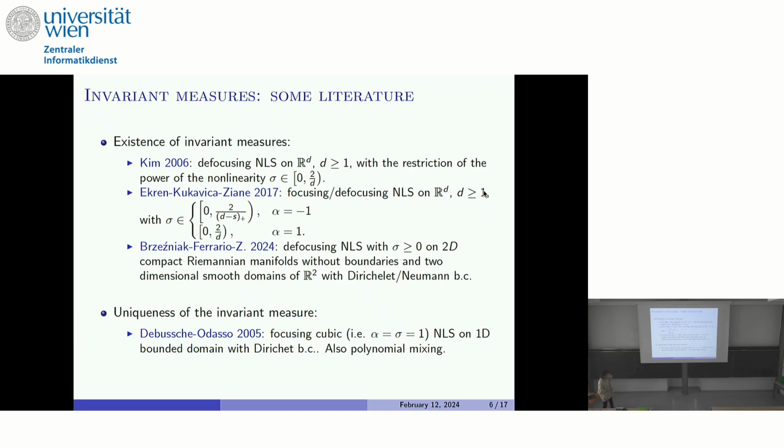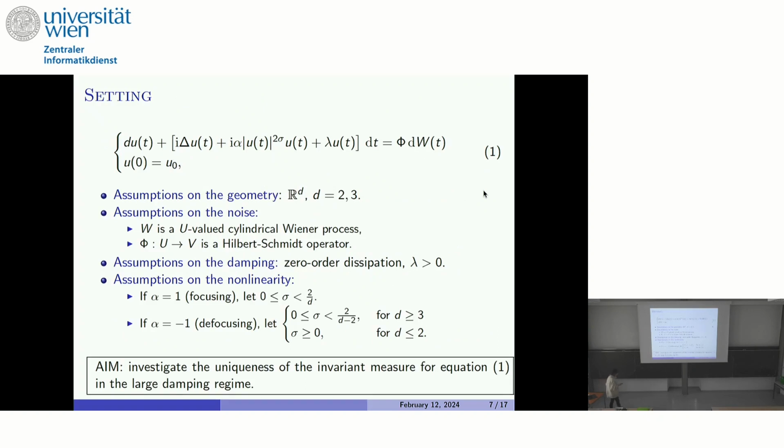So when you go to higher dimension, dimension 2 and higher, you do not have uniqueness results for the invariant measure. What we want to prove is a result of uniqueness in dimension greater than 1. And so we consider this setting here.